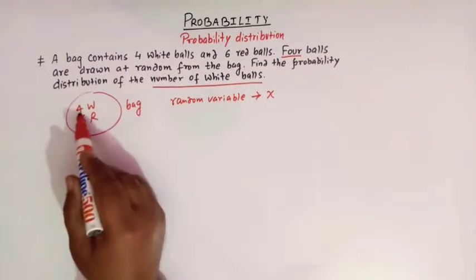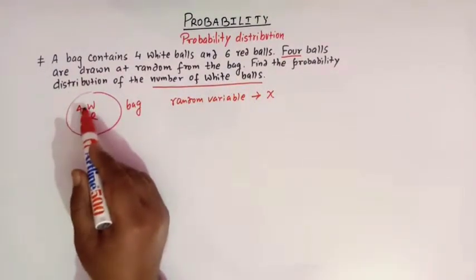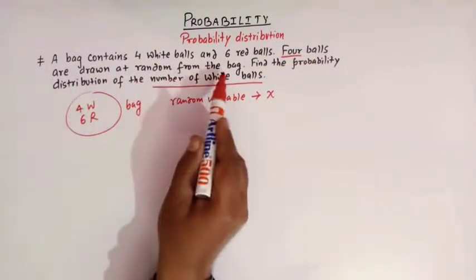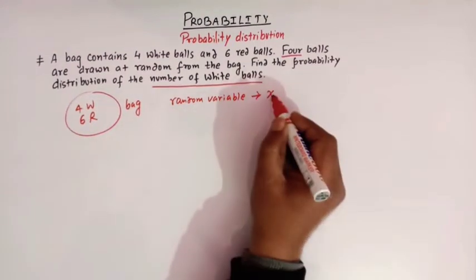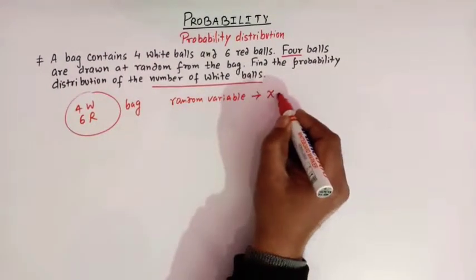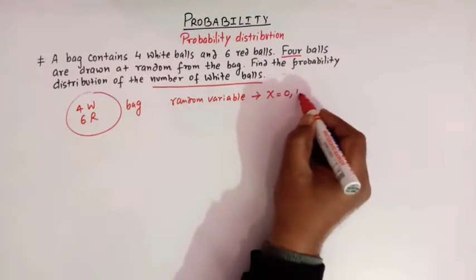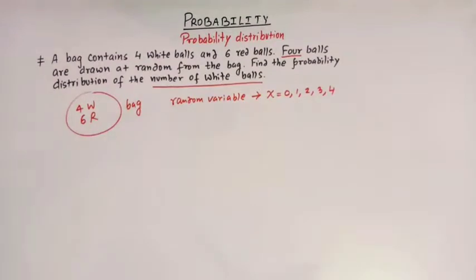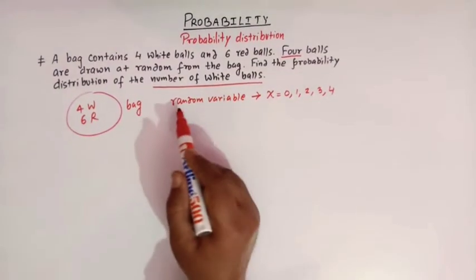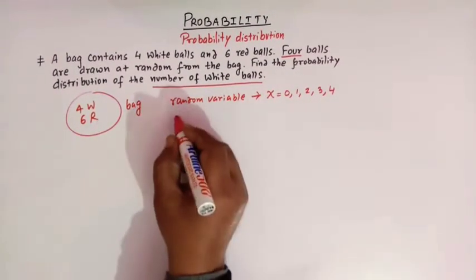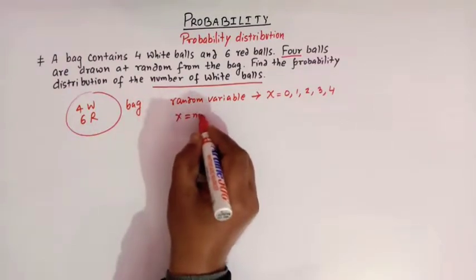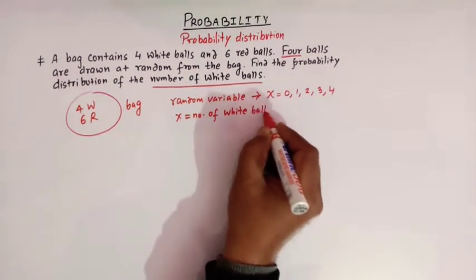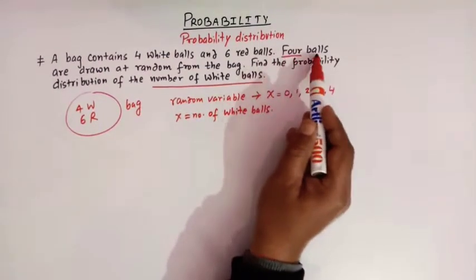Since here we have 4 white balls and we have to draw 4 balls from the bag, this x can take values 0, 1, 2, 3 and 4. So actually here the random variable x denotes the number of white balls drawn.